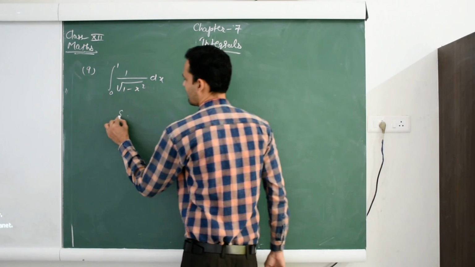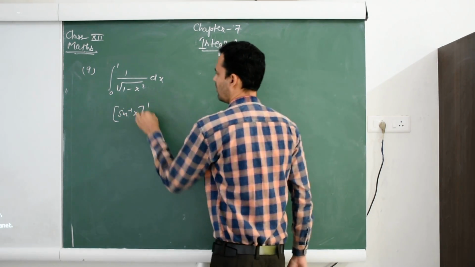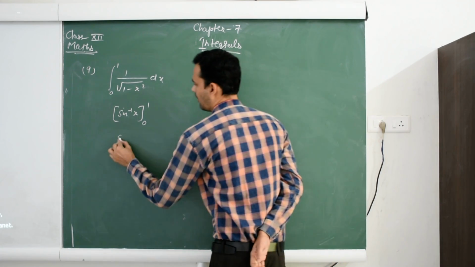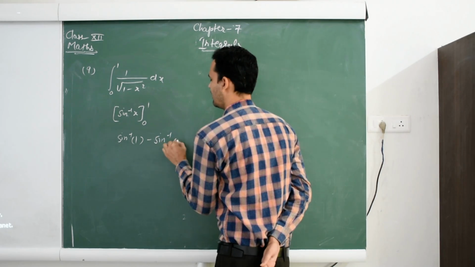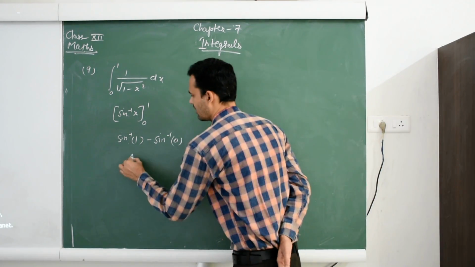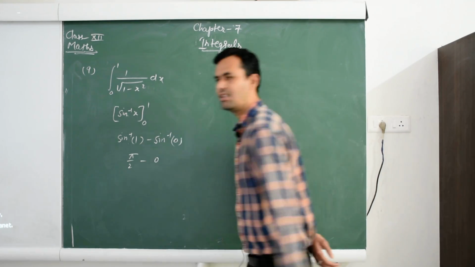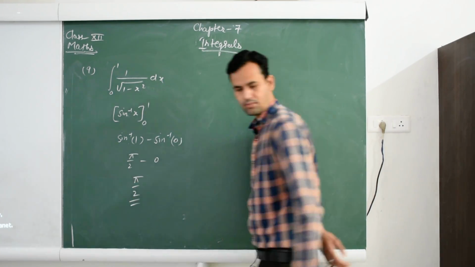So we write it as sine inverse x from 0 to 1. Upper limit means sine inverse 1 minus lower limit sine inverse 0. We know that the value of sine inverse 1 is pi by 2, minus 0. So the answer is pi by 2.